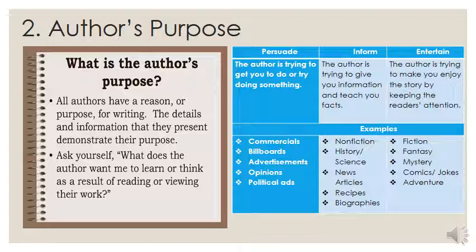Most of the times you can find this purpose in commercials, billboards, advertisements, opinions, and political ads. Mostly in advertisements, because they are trying to persuade people to buy a certain product and so on.